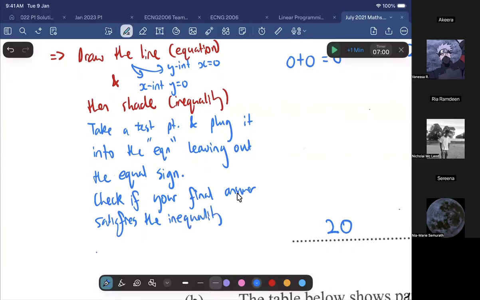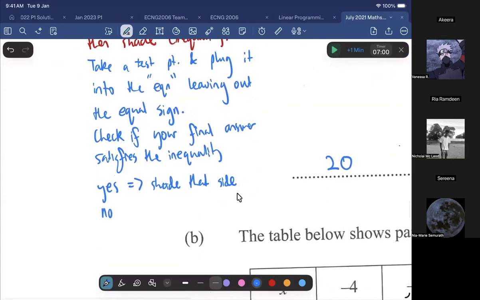If it does, what do you do? Do you shade the other side or do you shade that side? You shade that side. If it doesn't, we check our next test point, and if so, shade the next side.